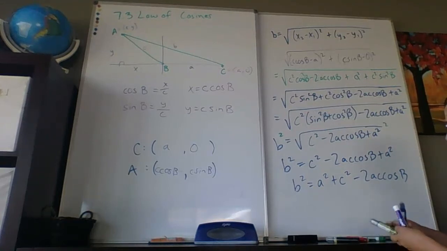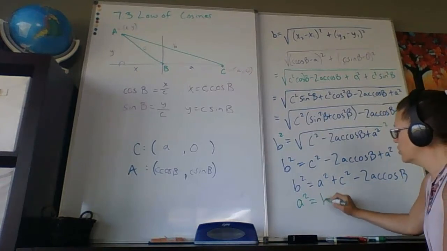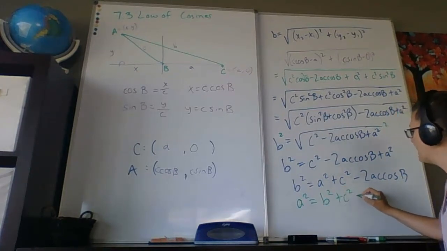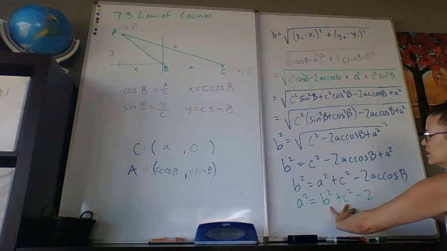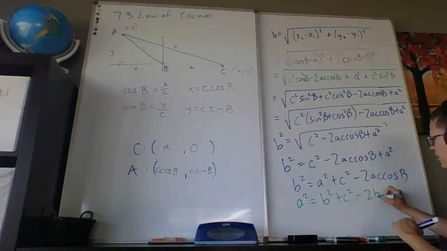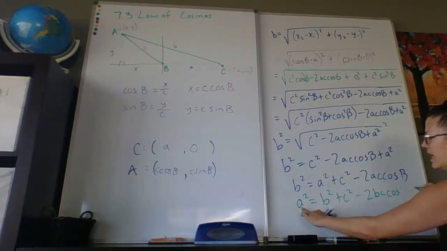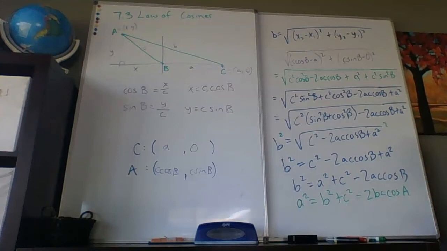So we also have A squared equals the other two, which is B squared plus C squared, minus 2BC cosine of this angle here. So it's going to be cosine of A.